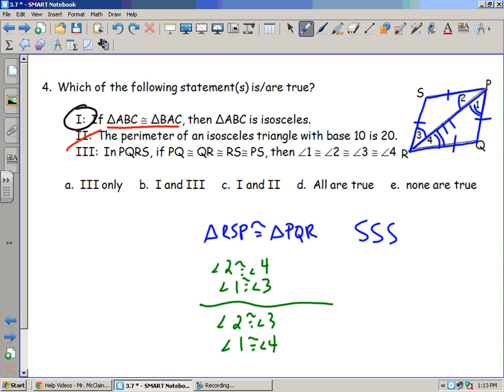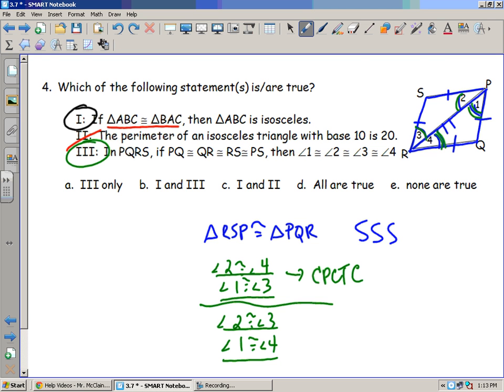So you end up seeing a whole chain: 1 congruent to 4, 4 congruent to 2, 2 congruent to 3, 3 congruent to 1. This is all true because 1 and 4 are congruent to each other, 3 and 2 are congruent to each other, and 2 and 4 are congruent by CPCTC.